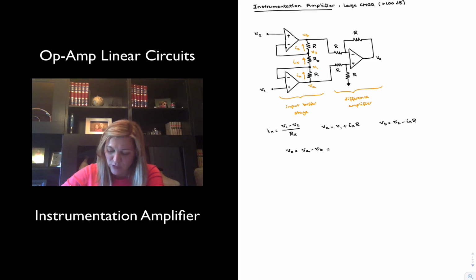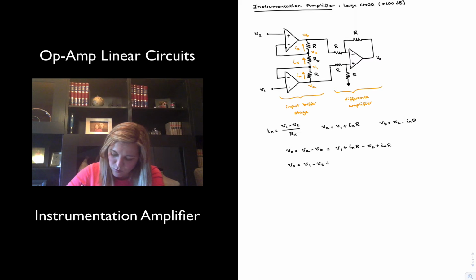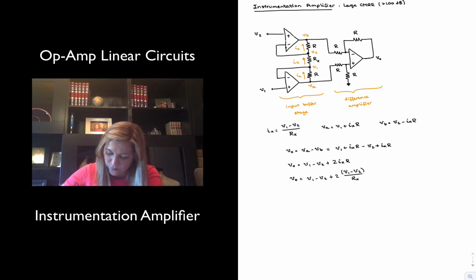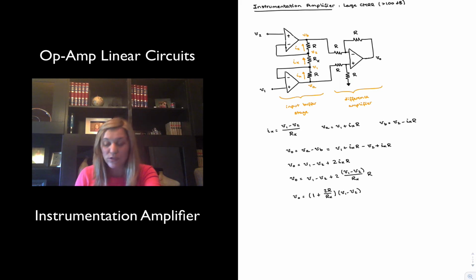And I have just written expressions for VA and VB, so I can rewrite this as V1 plus IX times R minus V2 minus, and then minus and minus makes a plus, IX times R. And therefore I can write my V out as V1 minus V2 plus 2 IX times R. But notice that for IX, I have already written an expression in terms of V1 and V2, so I can further rewrite this as V1 minus V2 plus 2 times (V1 minus V2) divided by Rx, times R. Or in other words, V out is equal to 1 plus 2R over Rx, times (V1 minus V2), by factoring out V1 minus V2.